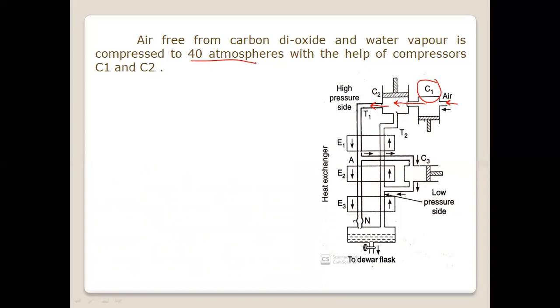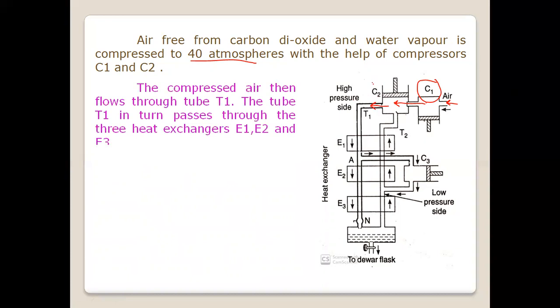That is why we take 40 atmospheres of pressure at C1 and C2. The compressed air then flows through tube T1. Tube T1 in turn passes through the three heat exchangers, E1, E2 and E3.